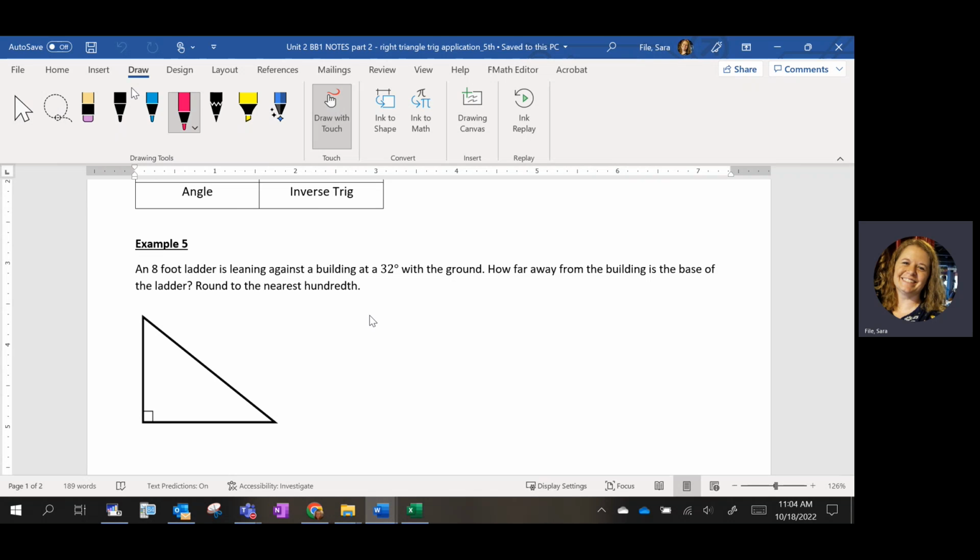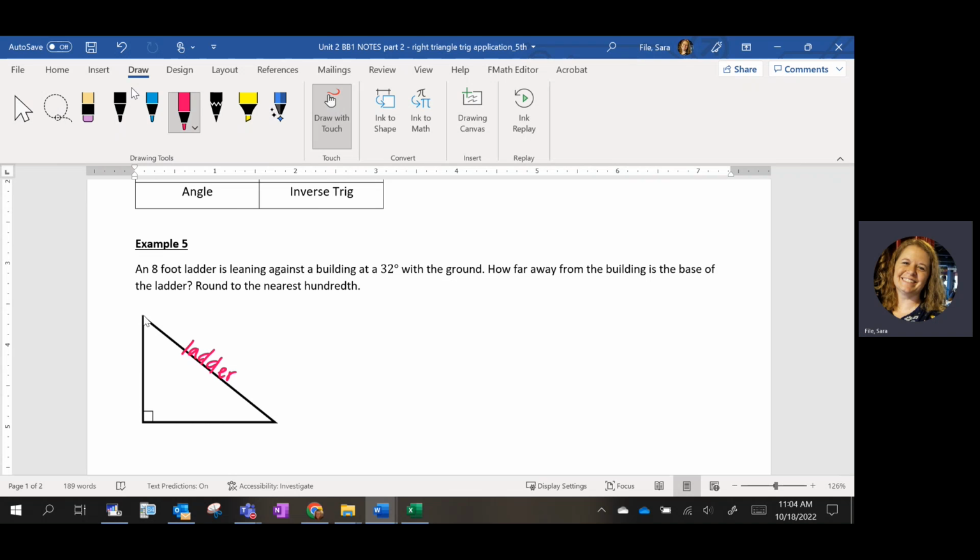Okay, so hopefully y'all can interpret, I've gone ahead and drawn the triangle. What part of this triangle is the ladder? The hypotenuse. Okay, the ladder leans, right? And so what is this vertical piece representing? This vertical leg? Yeah, that's the wall, that's the building.